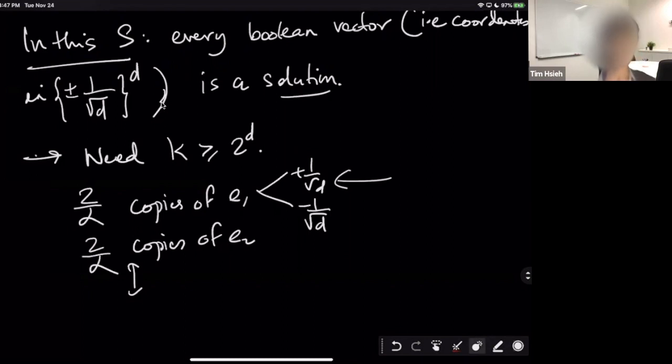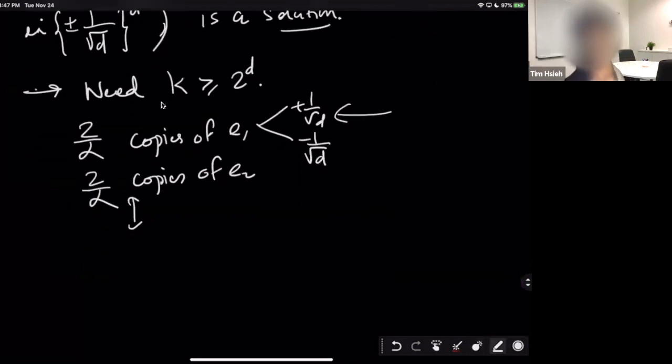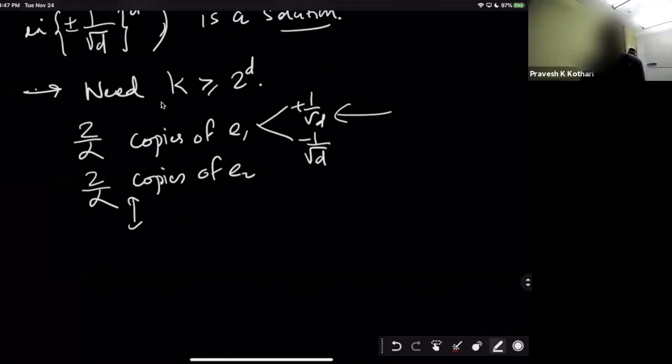Yeah, I guess my confusion is that every Boolean vector actually will satisfy half of the equations, right? Yeah, and therefore it is very easy to. Why do you say half? Every Boolean vector will satisfy at least alpha fraction of the equations. I don't see a way to prove it half.